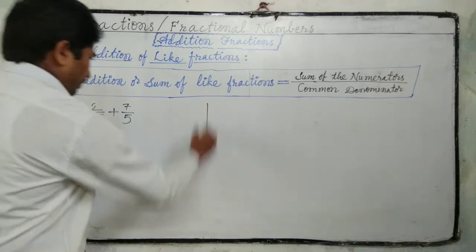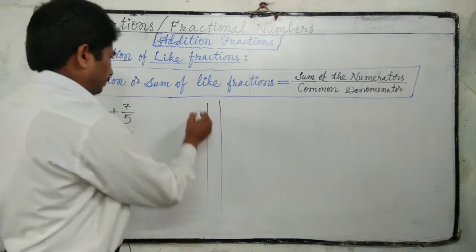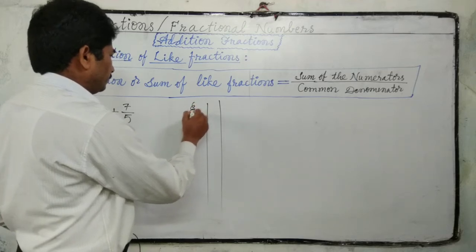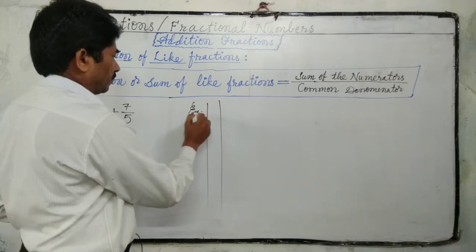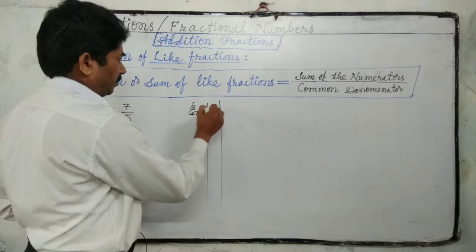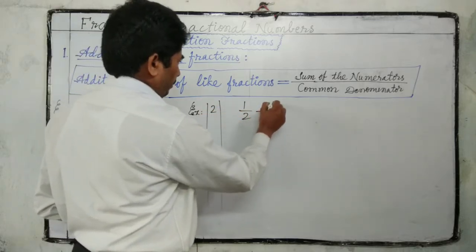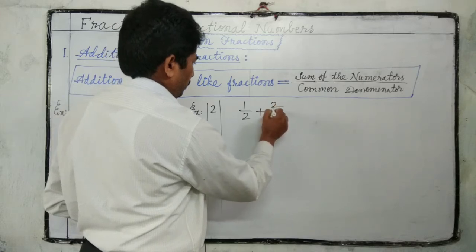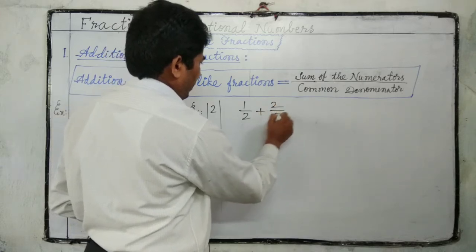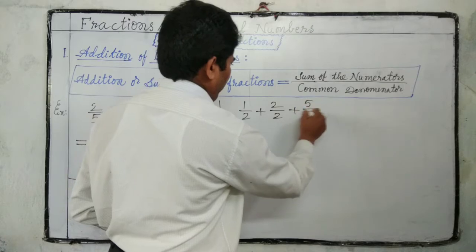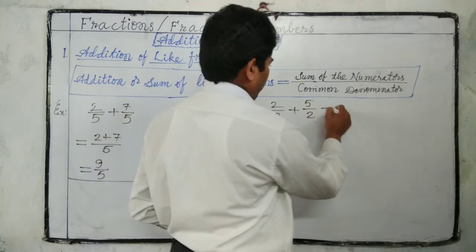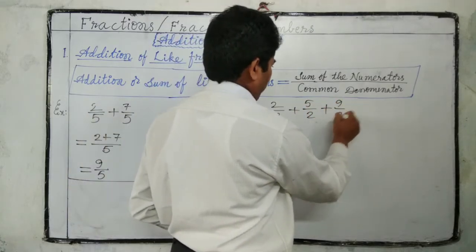One more example. 1 by 2 plus 2 by 2 plus 5 by 2 plus 9 by 2.